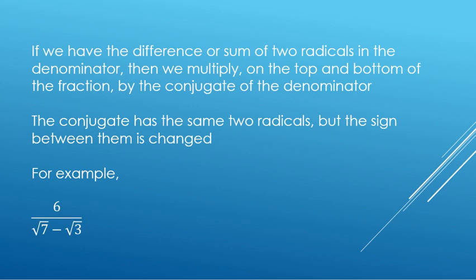So here's an example: 6 divided by the square root of 7 minus the square root of 3. Again, I'm going to multiply on the top and bottom by the same thing, but now that thing I'm multiplying by is the conjugate of the bottom, so that's going to be the square root of 7 plus the square root of 3.